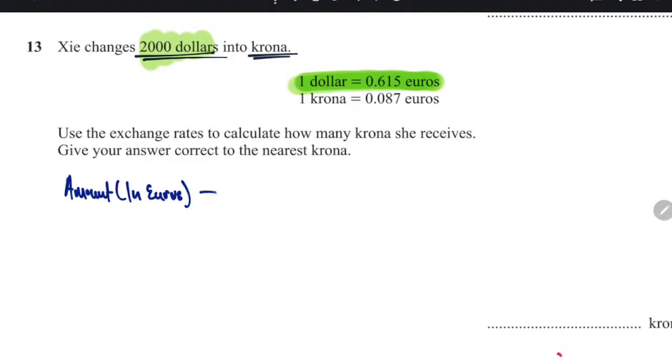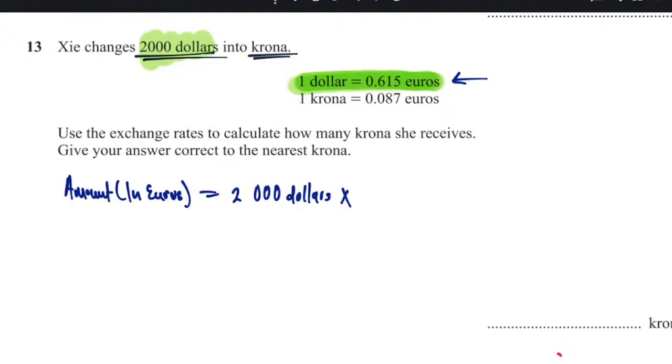You start with the amount which you have in dollars, $2,000. Then you multiply by the exchange rate. You convert the exchange rate into a fraction. In exchanging, it's so easy. You should just know the relationship between the two currencies. Then you convert it to a fraction.